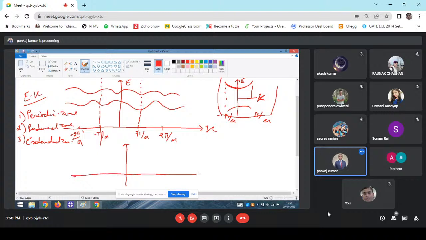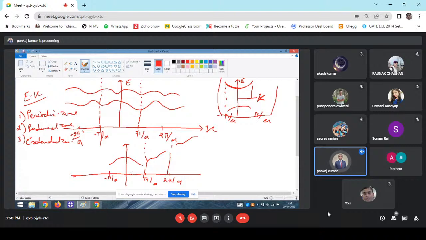Suppose this is minus pi by a, and this is 2 pi by a. For the first zone, let's suppose we have represented it like this. Here also, you will represent the second zone, and then the third zone. So this is the extended zone.